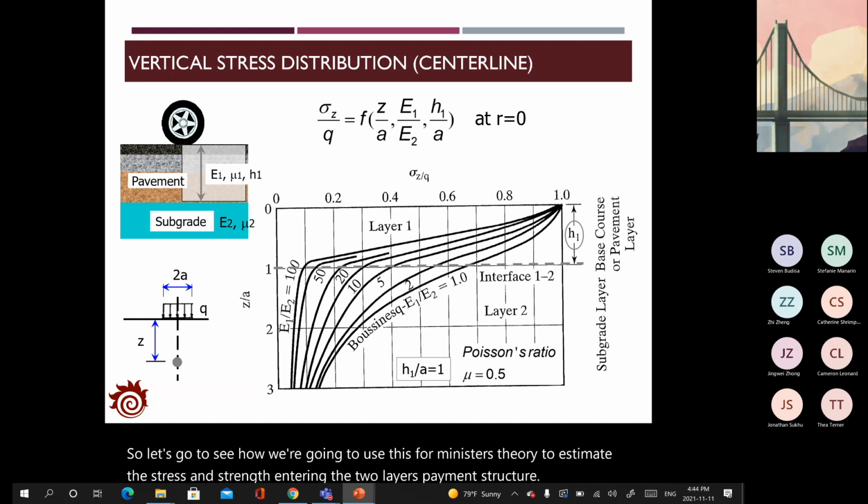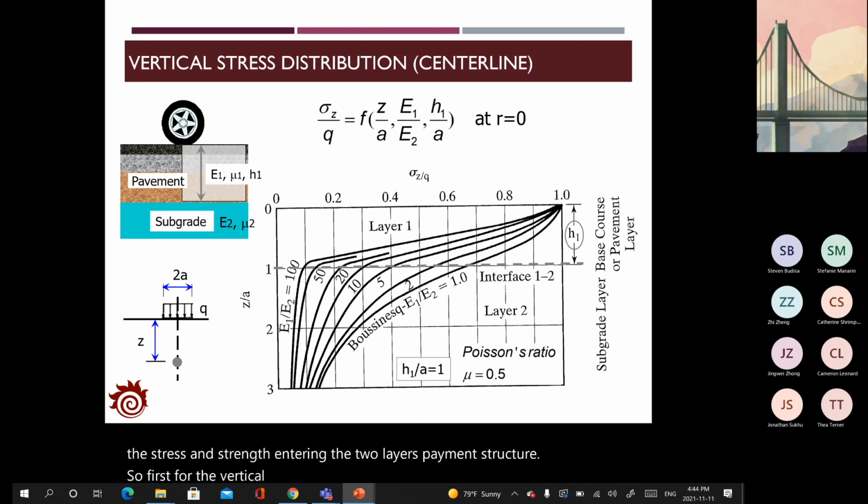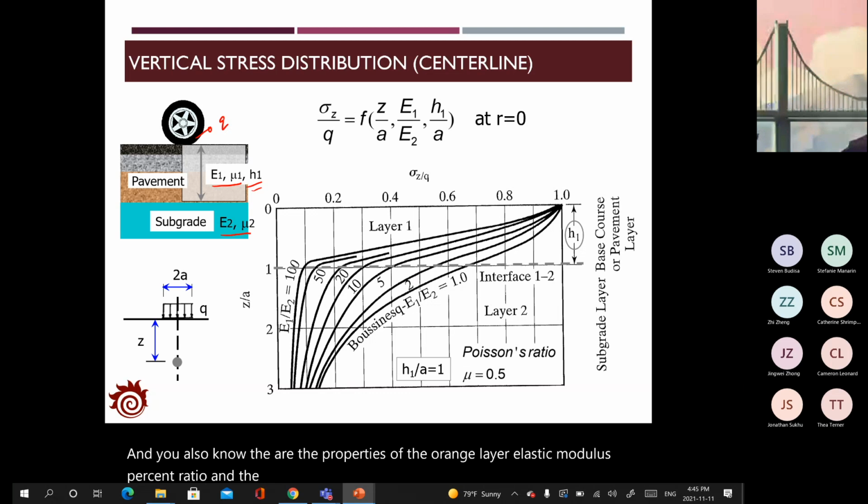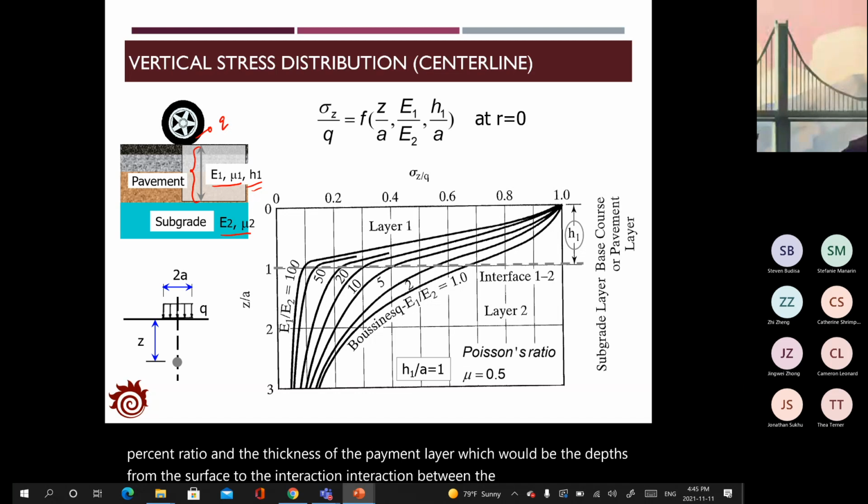First, for the vertical stress, assuming that you are provided with the load or the contact pressure, which is the Q from the tire, and you also know the properties of each layer, elastic modulus, Poisson's ratio, and the thickness of the pavement layer, which would be the depth from the surface to the intersection between the pavement and the subgrade.